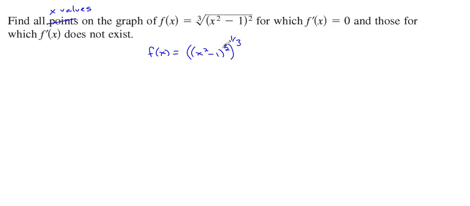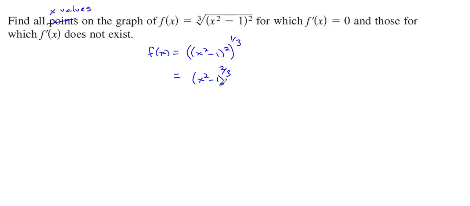Well, let's take care of this power to power. That'll simplify things a little bit for us. Okay, power to a power rule means you multiply the powers, right? So it'll be 2/3. Okay. Now we have outer function, which would be the 2/3 power, and then inner function x squared minus 1.